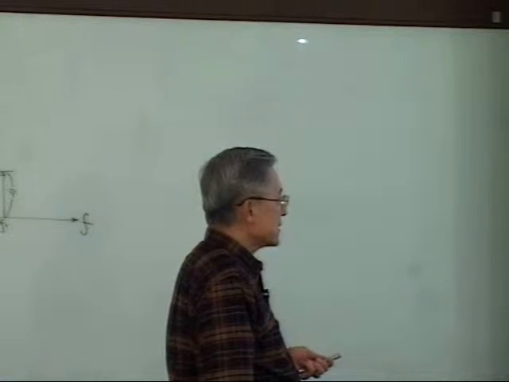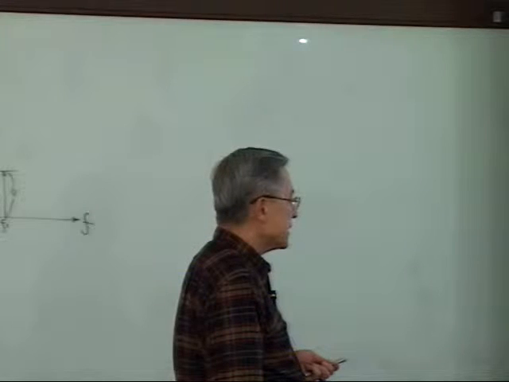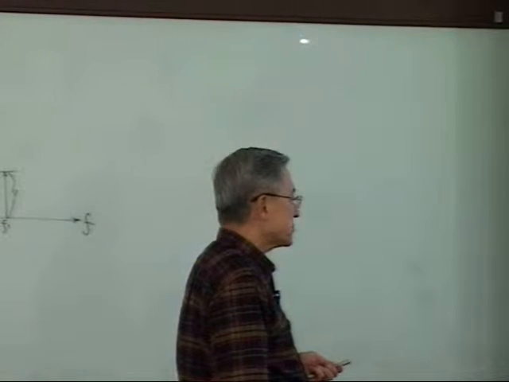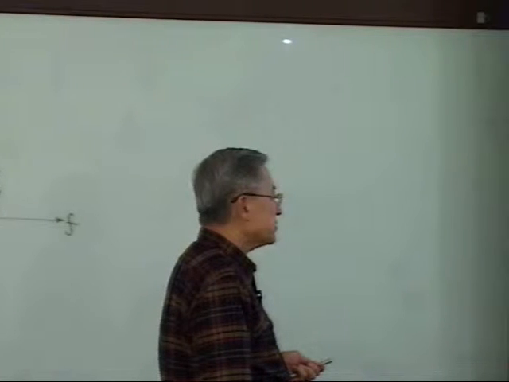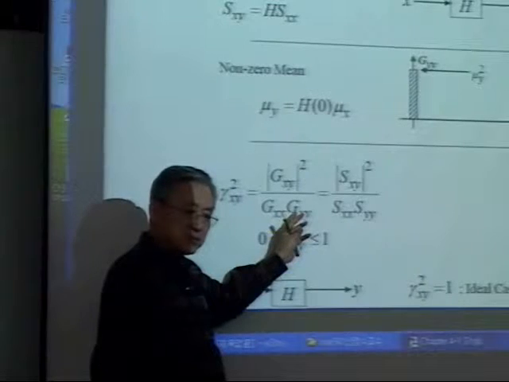Gamma_xy squared expression, remember. Gamma_xy, x is a measurement point, y is a measurement point. By definition, this is |G_xy| squared, that's real, and G_xx is real, G_yy is real.